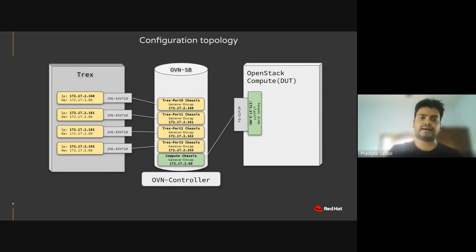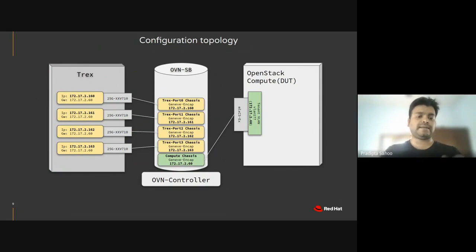In this diagram, the southbound database carries each individual Trex port as a southbound agent, configured with Geneve encapsulated packets and also carrying the IP information.